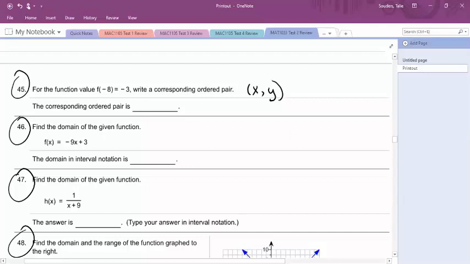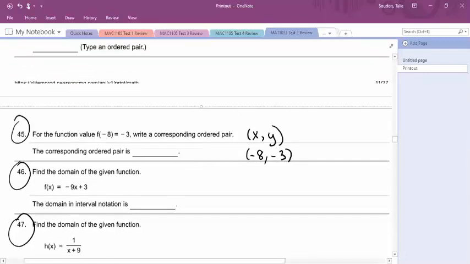So you're going to use the numbers -8 and -3. Which one is going to be your x and which one will be your y? -8 will be your x, and then -3 will be your y. Very good, because x is your input. So -8 is the number you're plugging into the function. -3 is your answer, so that makes it the ordered pair -8, -3.